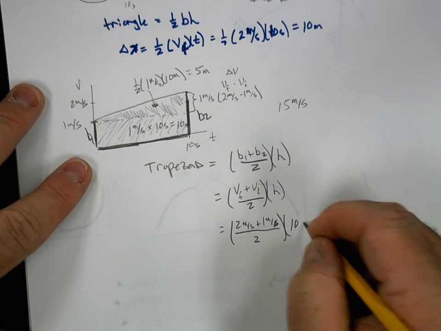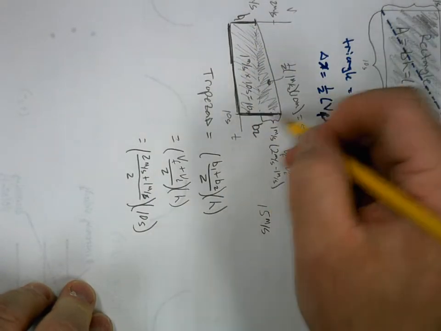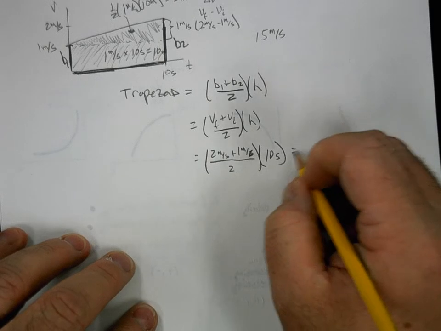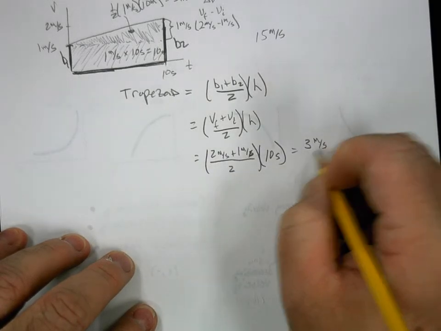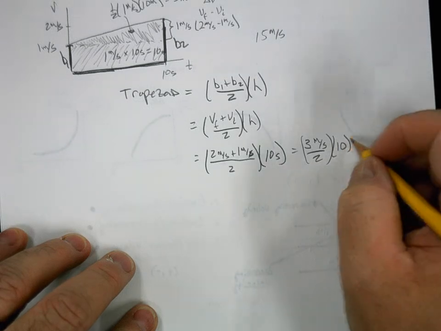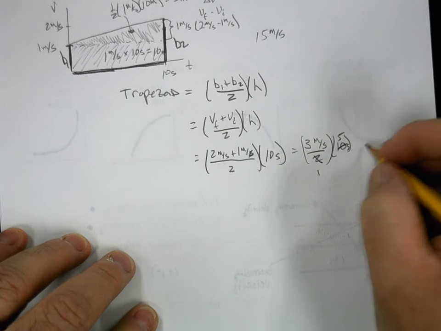See, I can turn it around like this, and here's a trapezoid, base 1, base 2. Now it looks like a height, right? So this becomes 3 meters per second over 2 times 10 seconds. That's 5, and that's 1. 3 times 5 equals 15 meters.